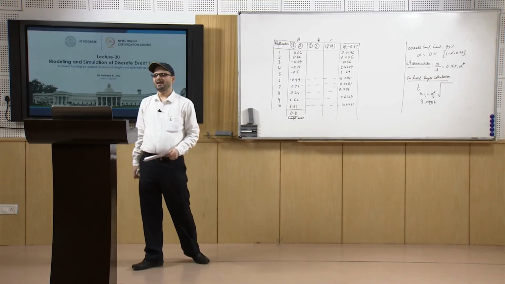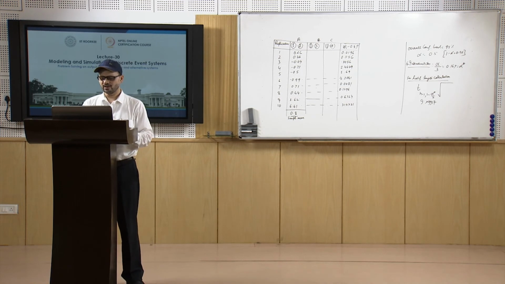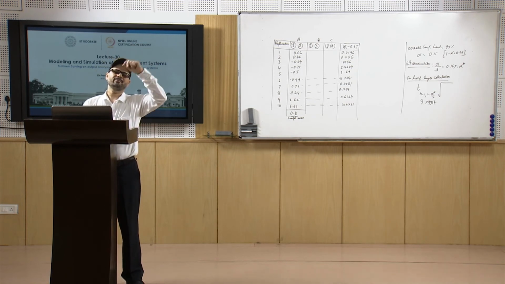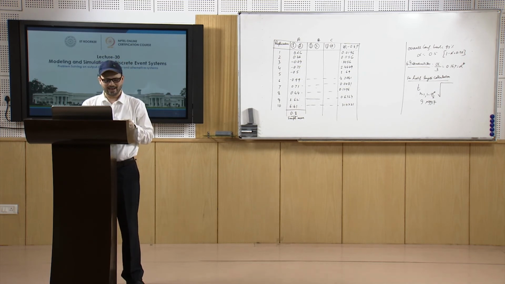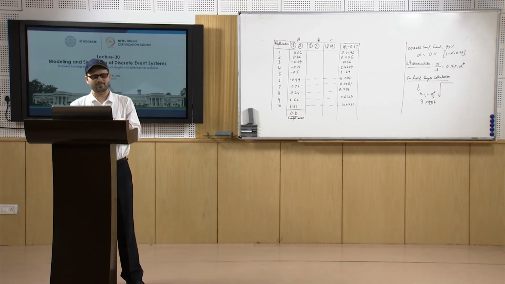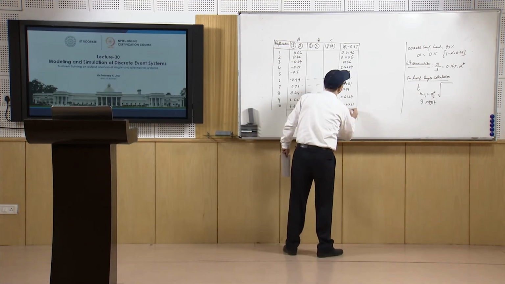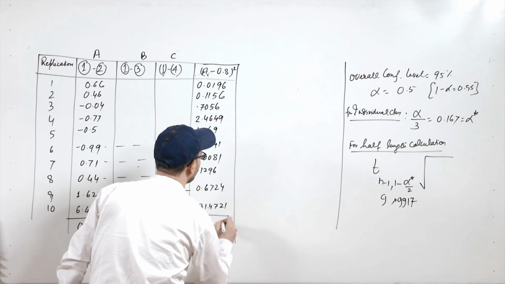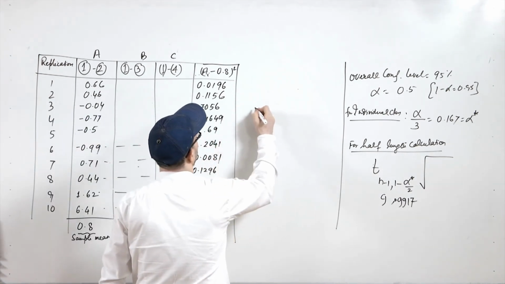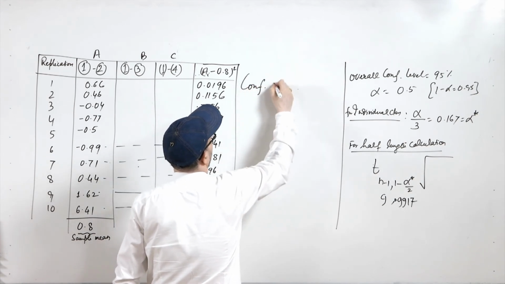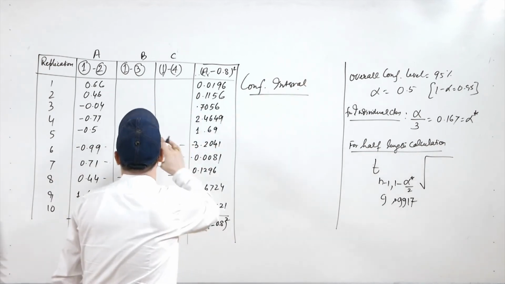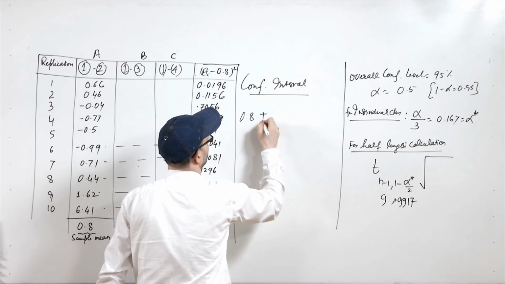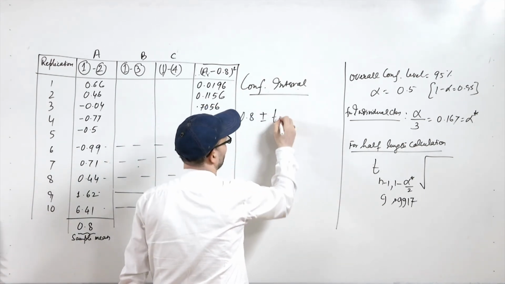Now, we have to sum them, and after summing them we have to divide by 9 into 10, 90, and then take its square root. Once we do that, we get 0.67. So, we have to sum this, the sum of A_i minus 0.8 squared. Then for the confidence interval, it will be the sample mean 0.8 plus minus T 9 and 0.9917, times the square root of the summation of A_i minus 0.8 squared divided by 9 into 10.